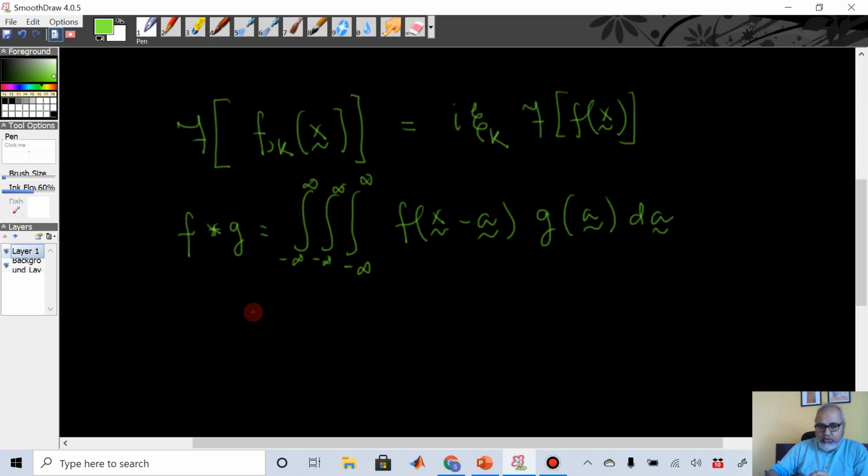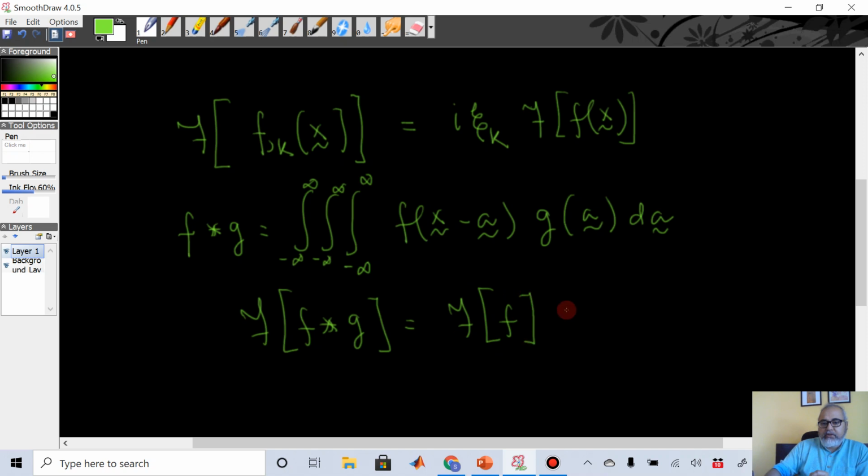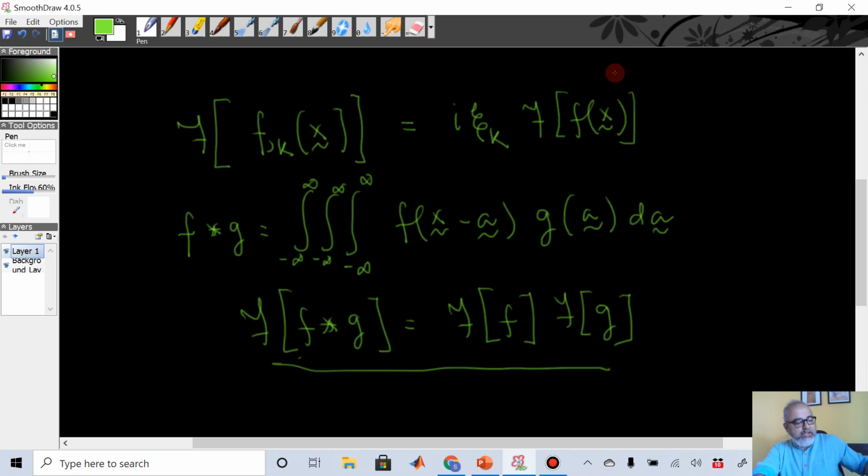And you can easily prove that the three-dimensional Fourier transform of f convolved with g is the three-dimensional Fourier transform of f times the three-dimensional Fourier transform of g. This is your convolution theorem in any dimensions. So in all the dimensions 1, 2, and 3, these three results are valid.